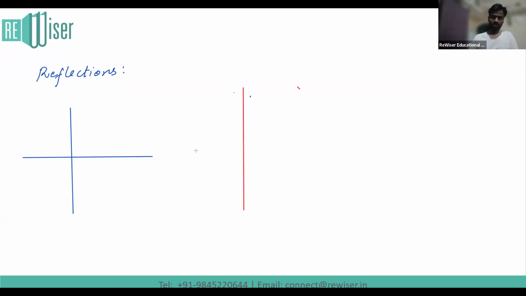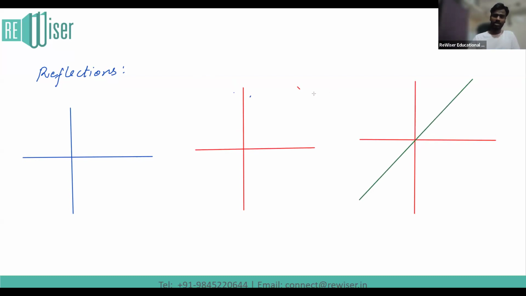let me take 3 different things. And the third one, let's say, reflection in the line y equals x. So first of all, reflection in the x-axis. Suppose I have a point x comma y here.